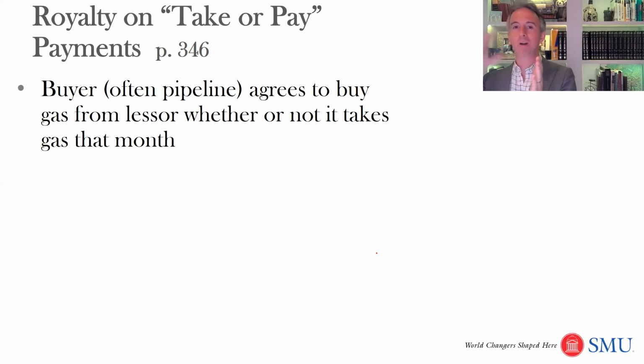If I've got no one to sell that to, or if there's no room in the pipeline, I'll pay you even if I don't take your gas. So it's a take or pay contract. Either I take your gas and I'm paying for it, or I'll just pay you anyway. So it's really kind of a pay or pay. One way or another, you will get paid for the natural gas that you are producing or would like to produce if somebody would take it.